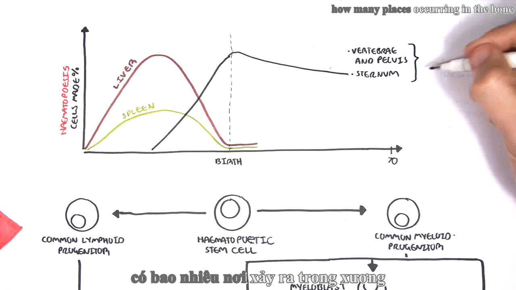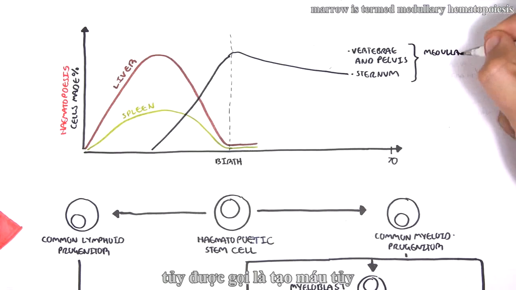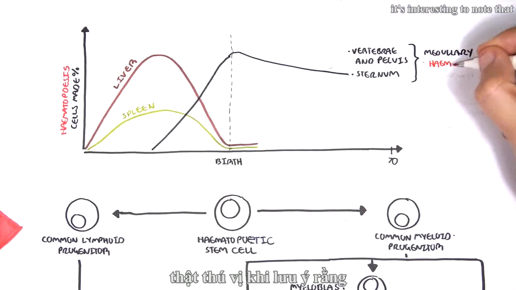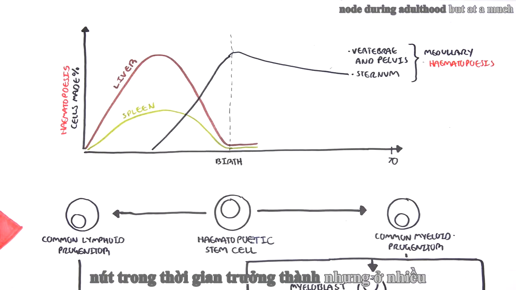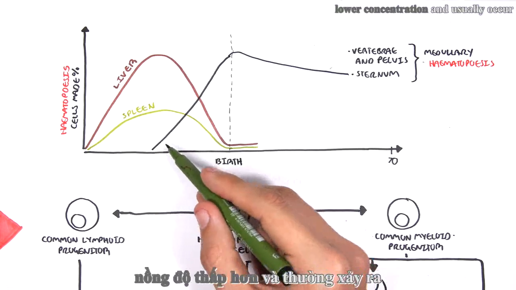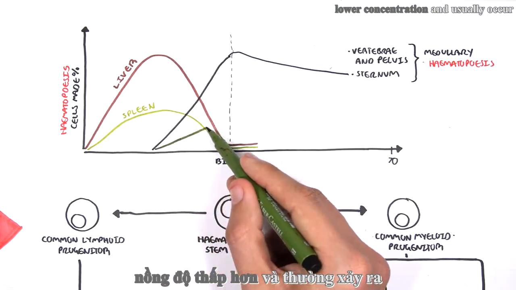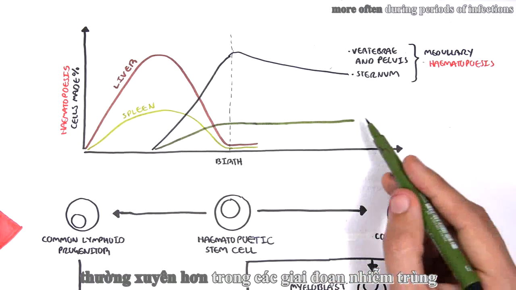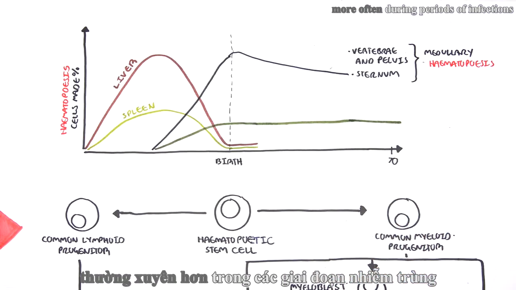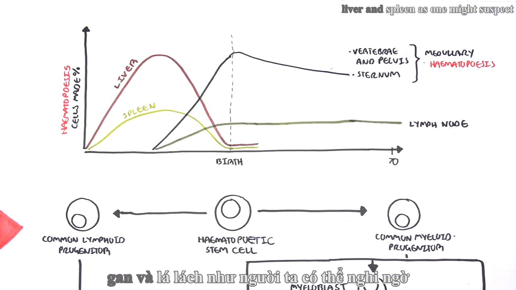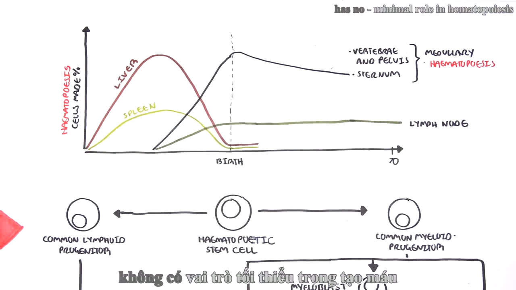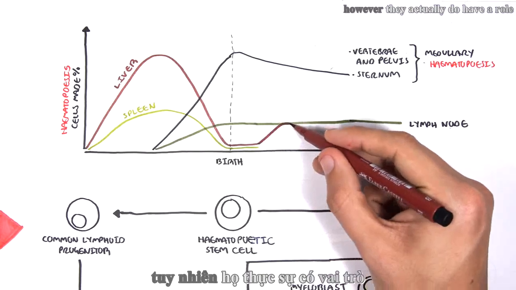Hematopoiesis occurring in the bone marrow is termed medullary hematopoiesis. It's interesting to note that hematopoiesis also occurs in the lymph node during adulthood, but at a much lower concentration and usually more often during periods of infections. So what is very interesting is that the liver and spleen, as one might suspect, have no to minimal role in hematopoiesis after birth.